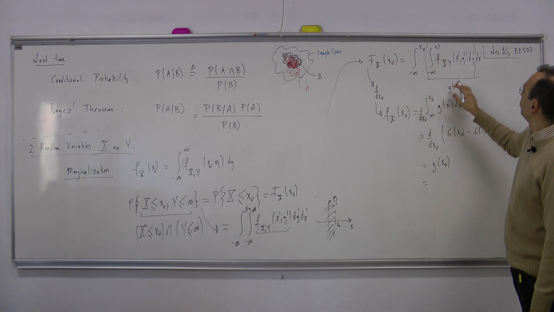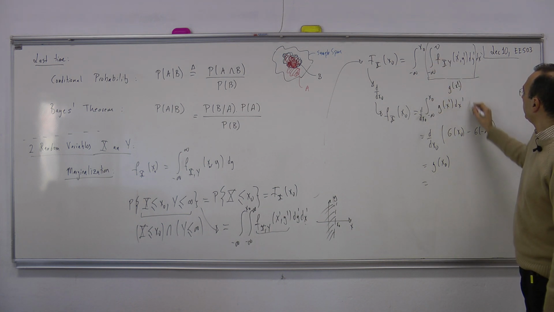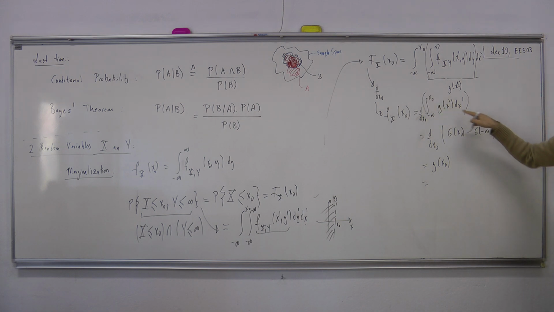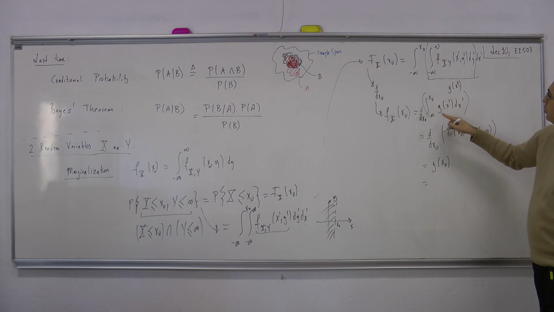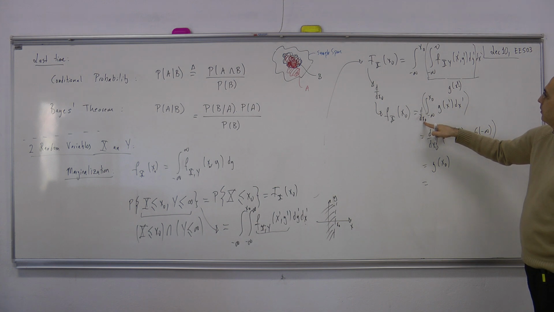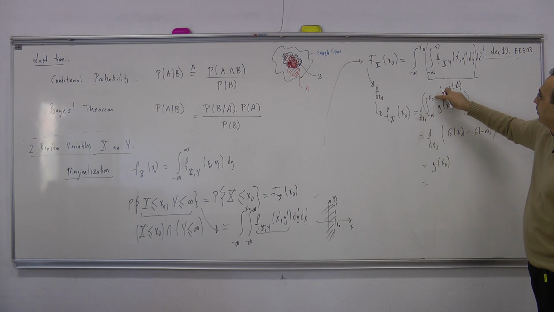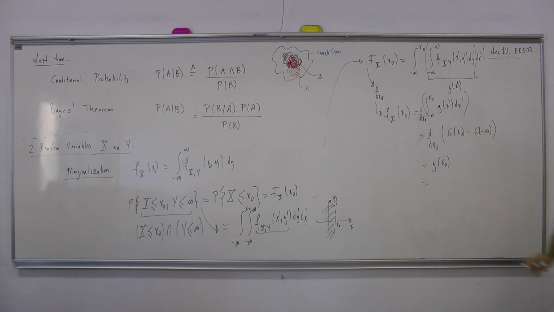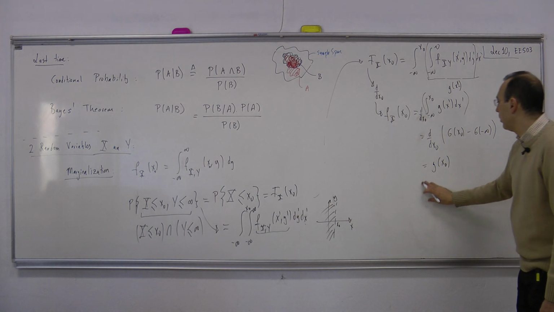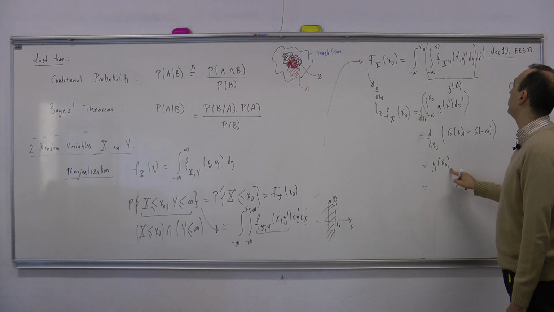So how do you do this? If you are differentiating this integral with respect to this x naught, well, there are some possibilities. x naught can appear at the limits, x naught can appear in the integrand, and so on. So this is called differentiation under an integral sign, and this is the way you operate actually. So at the end, I get g of x naught.